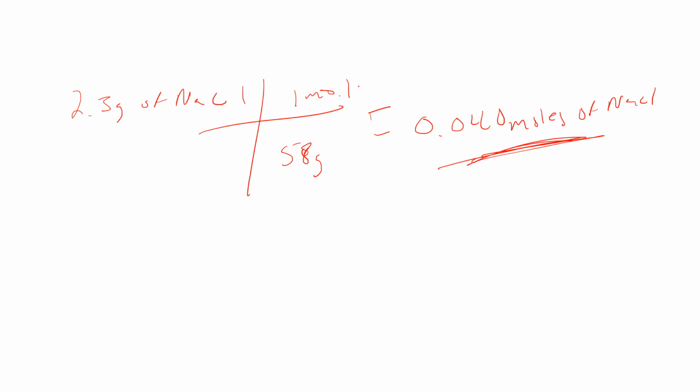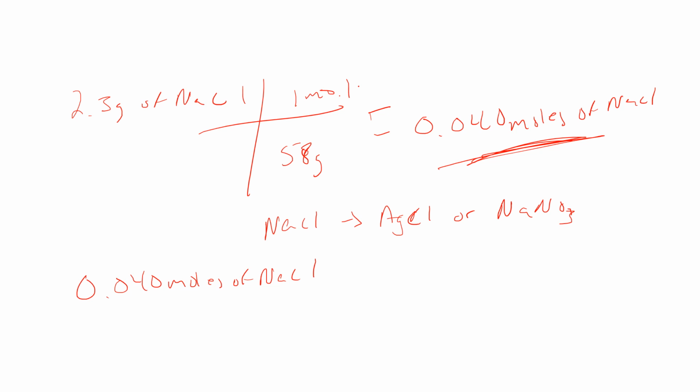So what we're going to want to do now is take the limiting reactant and figure out how many grams of product we're going to get in the end. So we can do 0.040 moles of NaCl. Now the ratio of NaCl to the AgCl, or even the NaNO3, was 1:1.